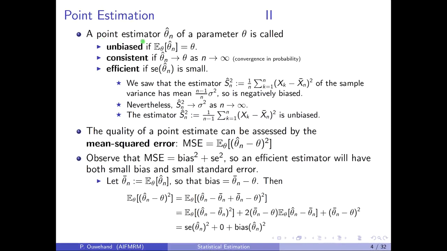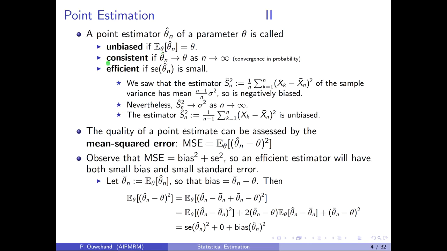A point estimator theta hat n of a parameter theta is called unbiased if its bias is 0, in other words, if the expectation of the estimator is equal to the true value. By the way, this subscript over here means that we're taking a probability or an expectation, assuming that the density has a parameter whose true value is theta.